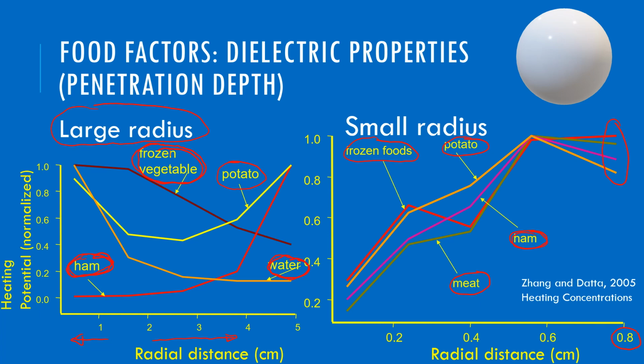So that was how the rate of heat generation varies with radius for two different sizes, small radius and large radius, but the figures are with radial distance. Next, we want to see how the rate of heat generation varies with the size of the sphere.